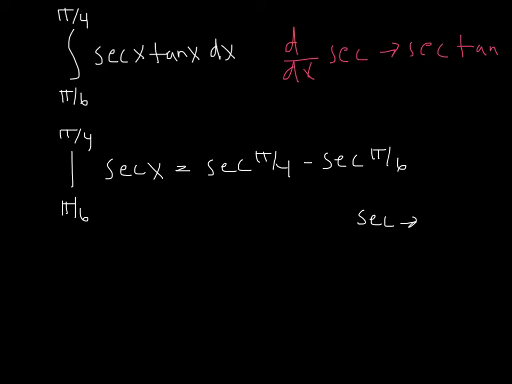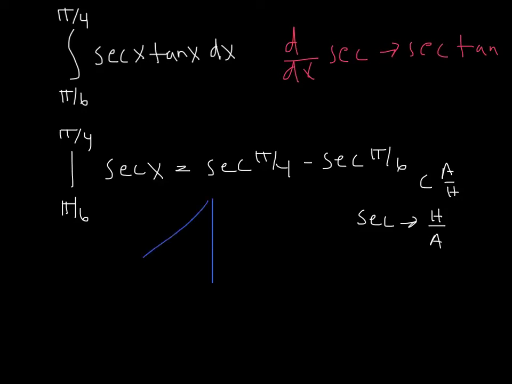So if cosine is adjacent over hypotenuse, then the secant is the hypotenuse over the adjacent. And so the way I do these is I use the 45, 45, 90 and the 30, 60, 90 triangles.